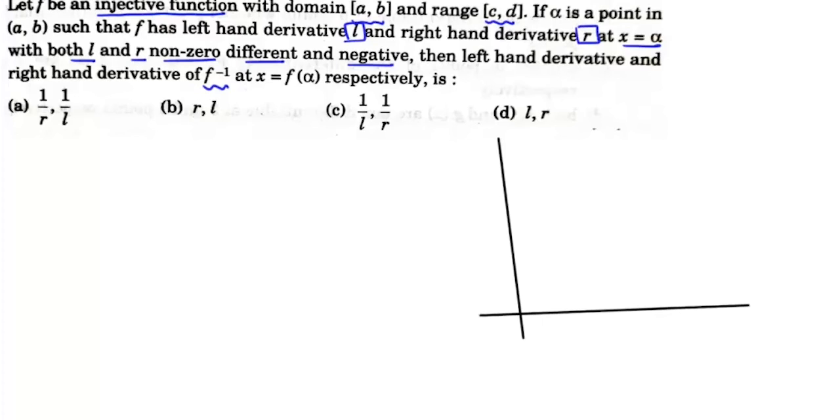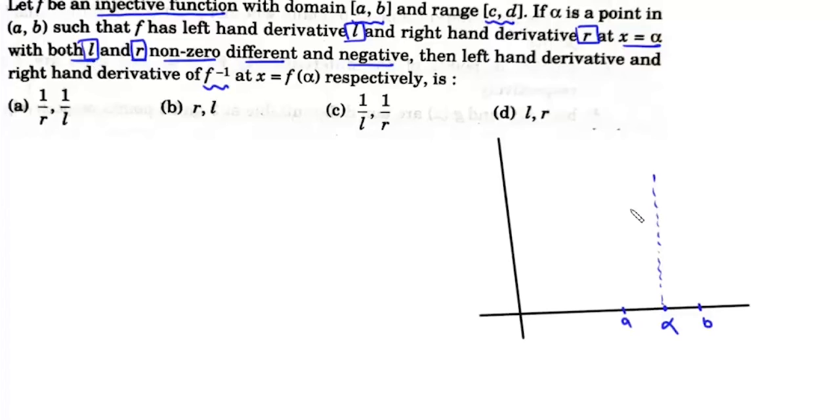Now we are given this function which is 1-1 and defined from a to b, and it is not differentiable at alpha. Its left hand derivative at alpha is L, which is negative, and its right hand derivative at alpha is R, which is also negative. Say we have this point alpha. The left hand derivative at alpha is L, which is negative.